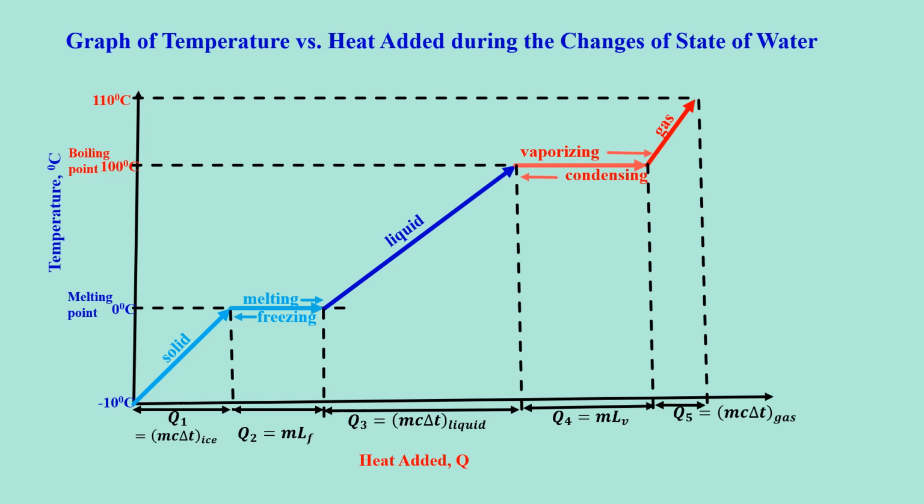So, in order to compute the total amount of heat needed to bring ice at minus 10 degrees Celsius to gas at 110 degrees Celsius, we just add all of the heat added. So, Q total equals Q sub 1 plus Q sub 2 plus Q sub 3 plus Q sub 4 plus Q sub 5.